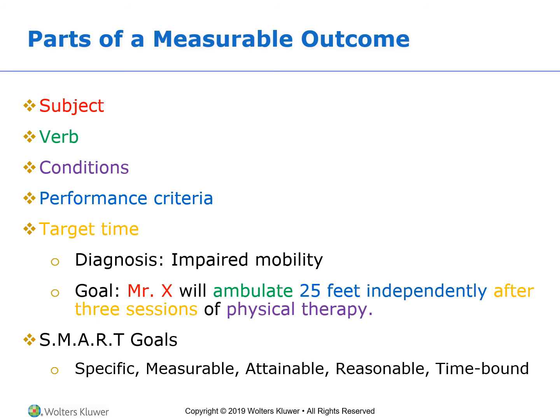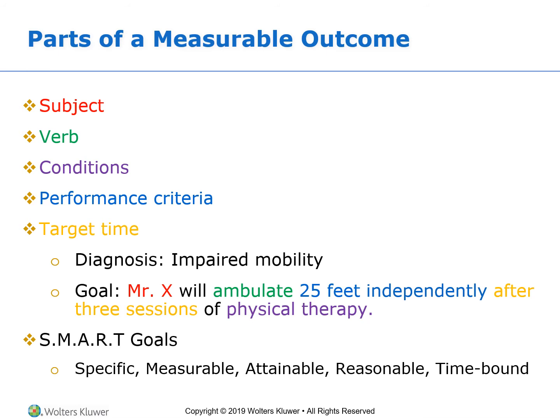Okay, so parts of a measurable outcome. To be measurable, outcomes have to have the following things. A subject, and this is the patient or some part of the patient. A verb, which is an action that the patient's going to perform. Verbs that are helpful in writing these outcomes might include define, list, verbalize, explain, identify, demonstrate, apply. And then a condition: the circumstance in or by which the outcome is to be achieved.